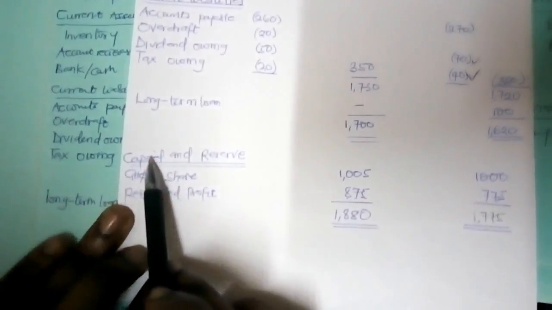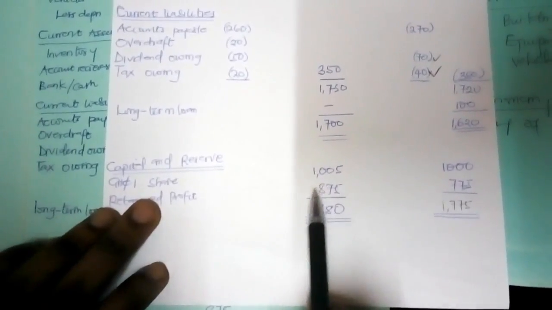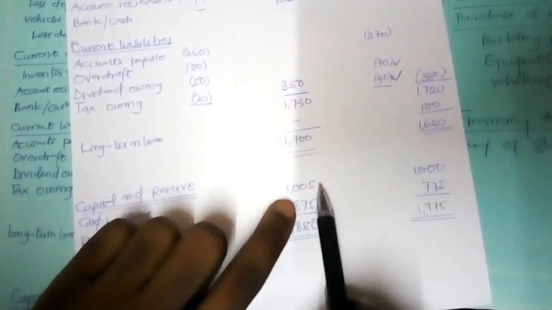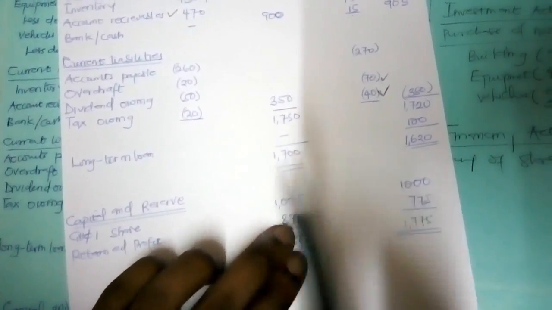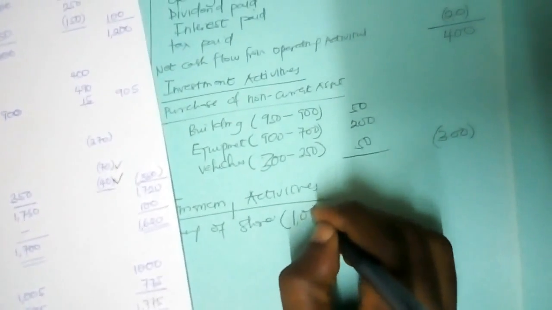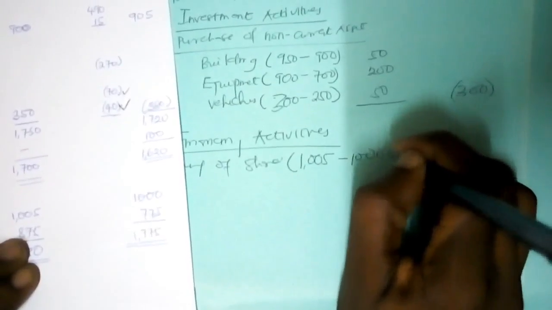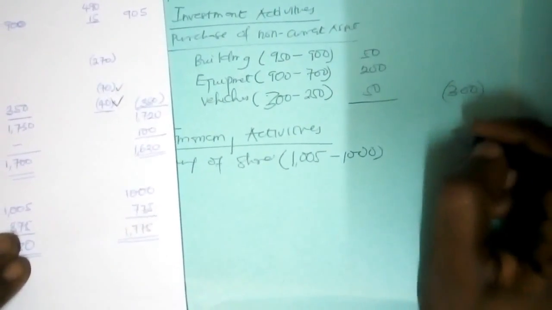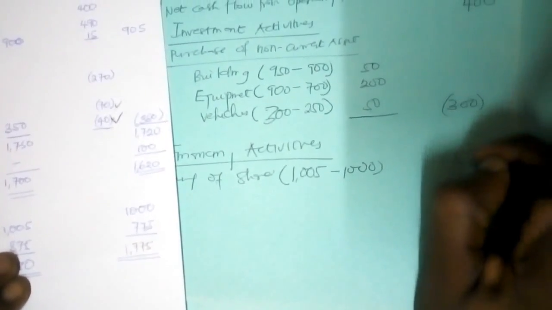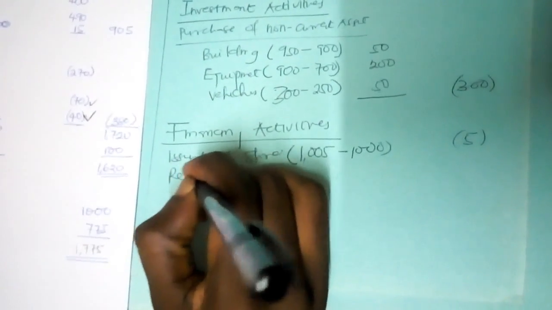When you look at the capital and revenue, you see that the shares for 2015 was 1,005 and the shares for the previous year was 1,000. So you subtract 1,000 from 1,005, you are going to get 5.